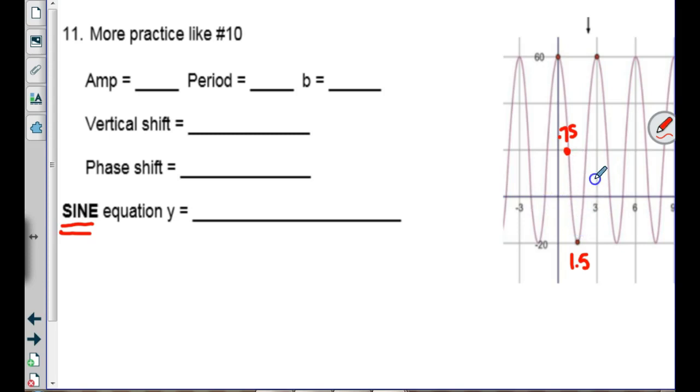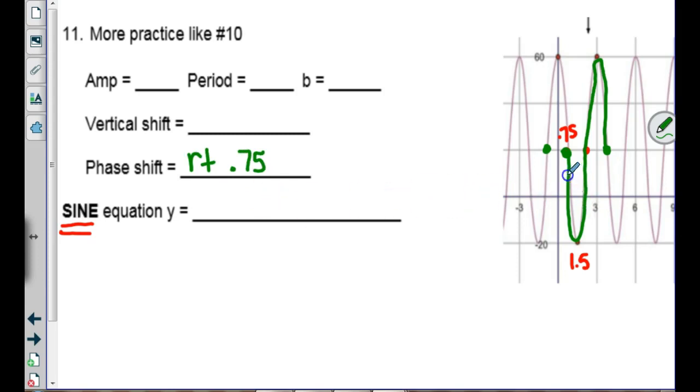You'd have to call it a negative sine, or you want to start over here. Any preference? Or we could start over here, shift left. Okay, so you want to start here. So the phase shift would be to the right, 0.75.